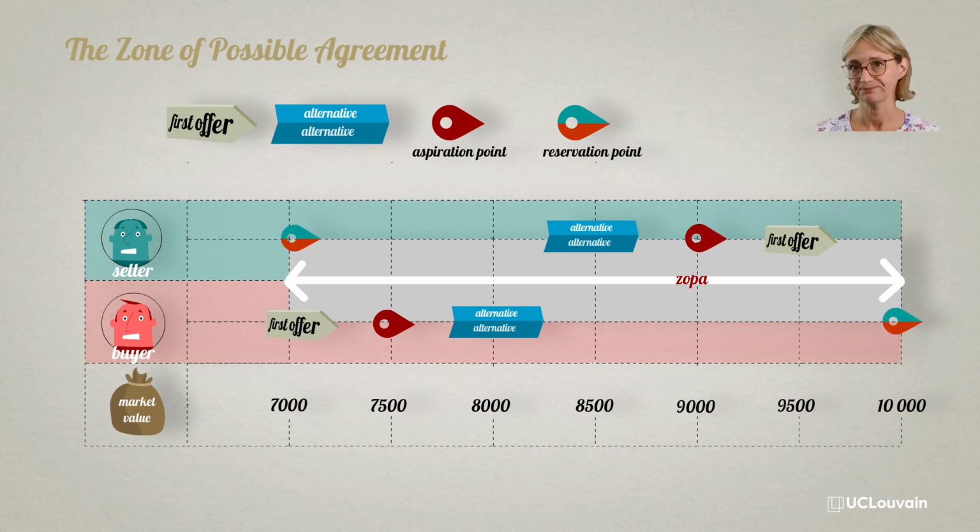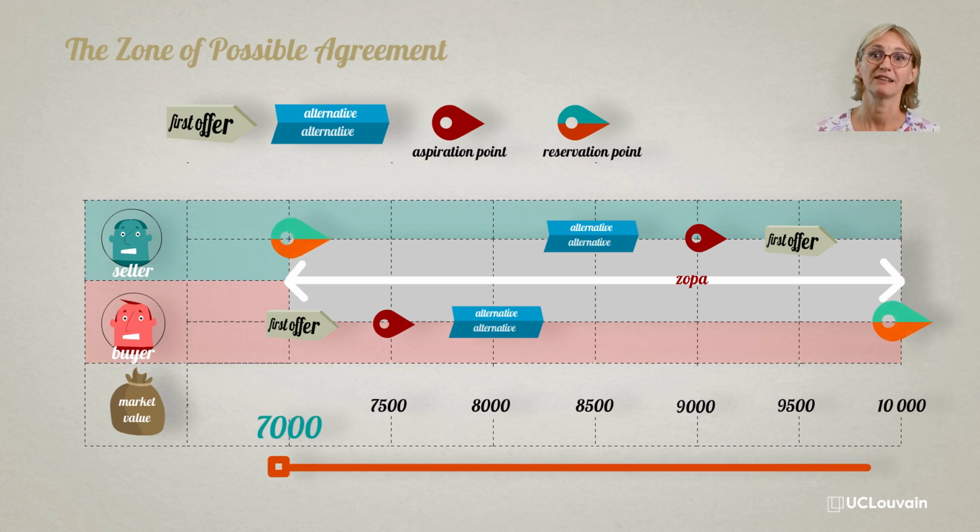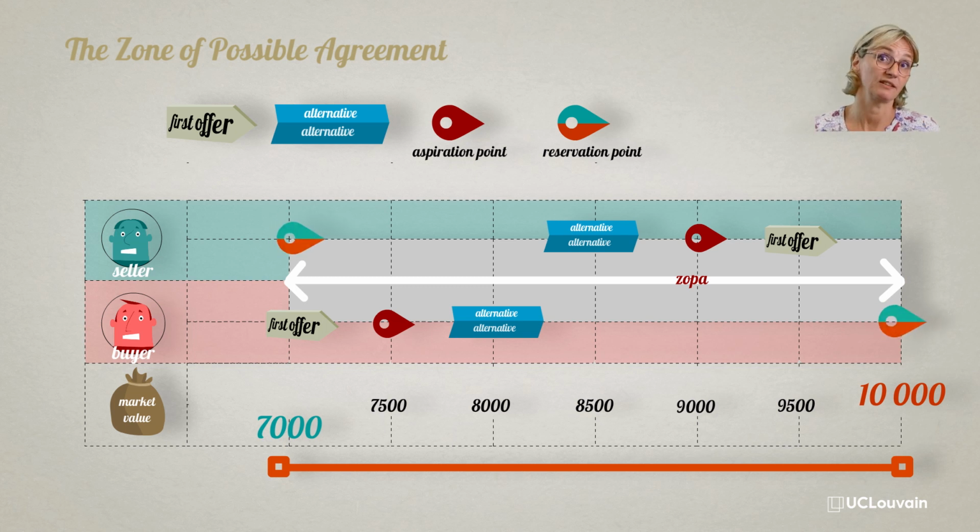In other words, when the ZOPA is positive, the lowest price at which the seller is willing to let go of the item is lower than the highest price the buyer is willing to pay to acquire it. In this case, an agreement is indeed possible. There is a zone of overlapping prices between the seller and the buyer. This is shown in gray in the diagram here.